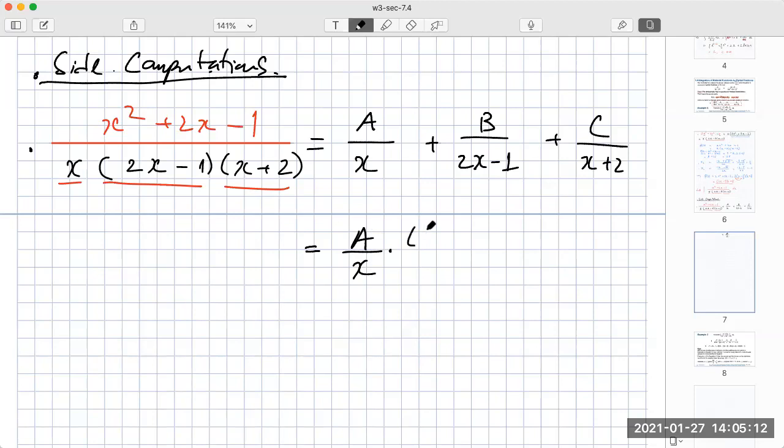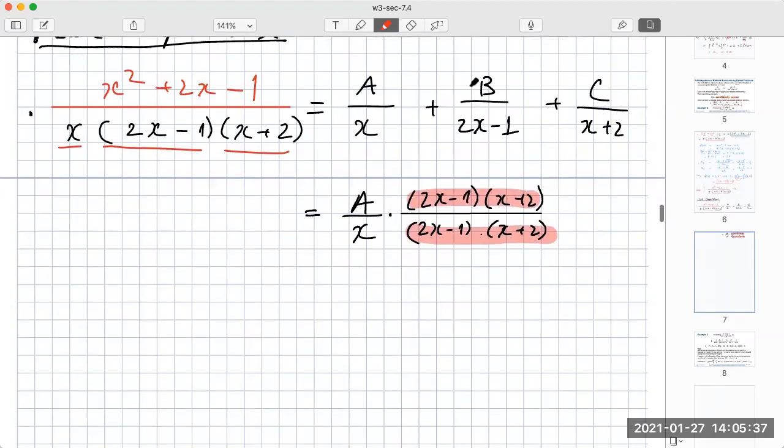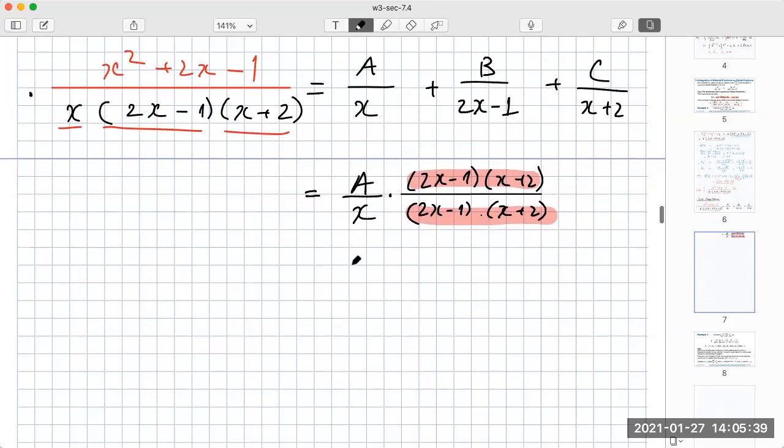If we multiply it by (2x minus 1)(x plus 2) here, does it make any change? They're the same as the previous one, right? Because this term is simply 1. Nothing has changed yet. We can do similar things, right?